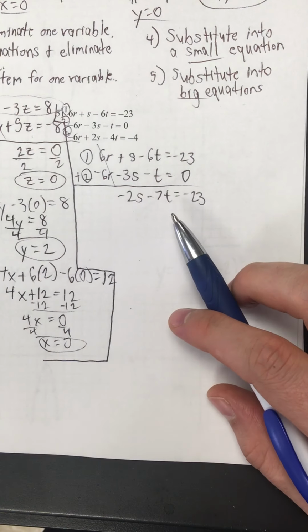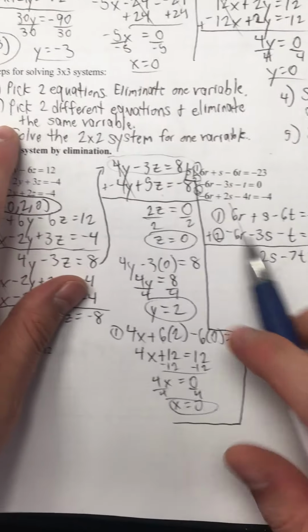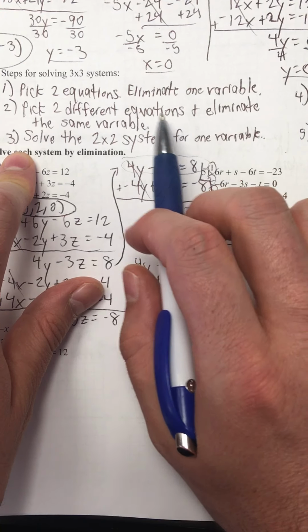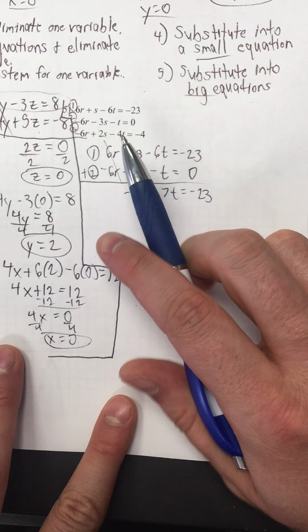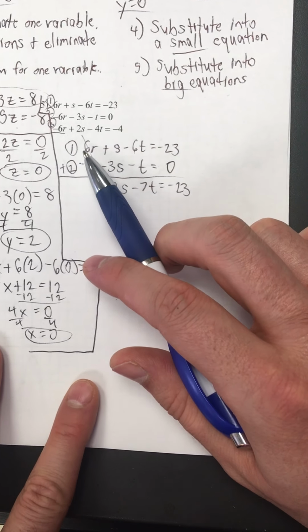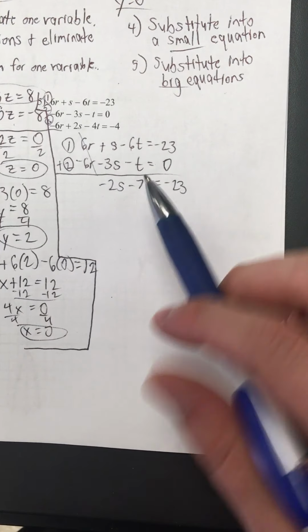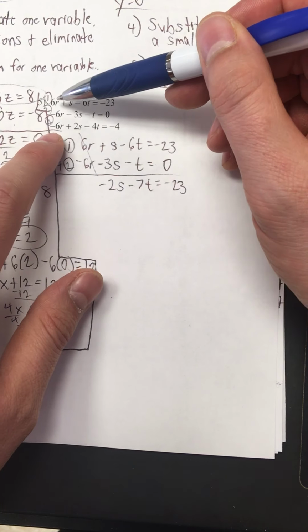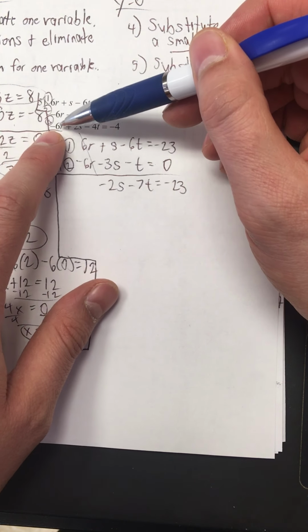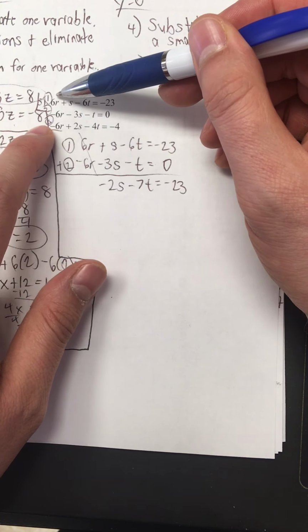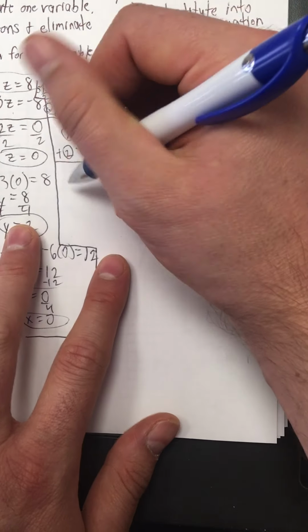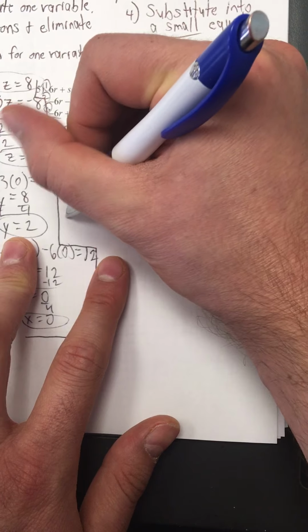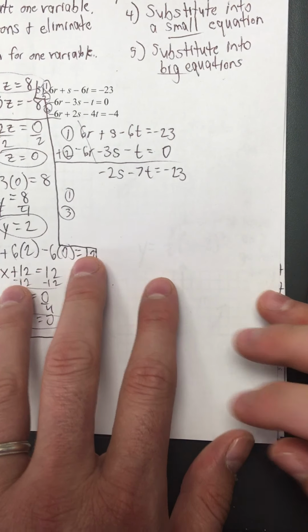So there's step 1. Now step 2, I want to pick 2 different equations and eliminate the same variable. What variable did we just eliminate? R. So I'm going to pick 2 different equations, and I need to cancel out r again. Now would that be easier to do in equations 1 and 3 or 2 and 3? This time it's easier to use equations 1 and 3, because I have a 6r and a negative 6r. So let's use equations 1 and 3 this time. Hopefully I have enough room to squeeze all this in.